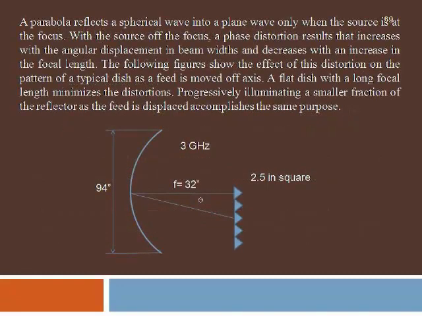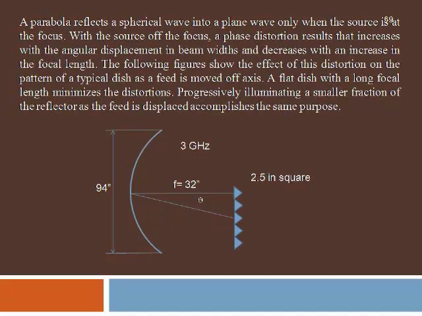A parabola reflects a spherical wave into a plane wave only when the source is at the focus. With the source off the focus, a phase distortion results that increases with angular displacement in beam widths and decreases with an increase in focal length.